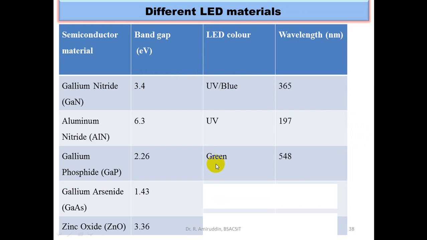So if you fabricate light emitting diodes using gallium phosphide as a semiconductor material which has a band gap of 2.26 electron volt, it emits green light.